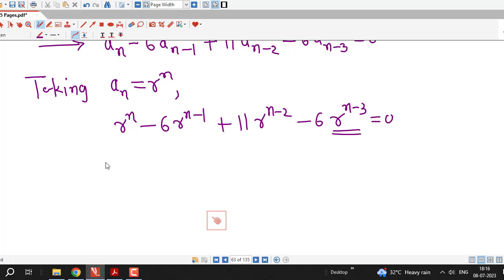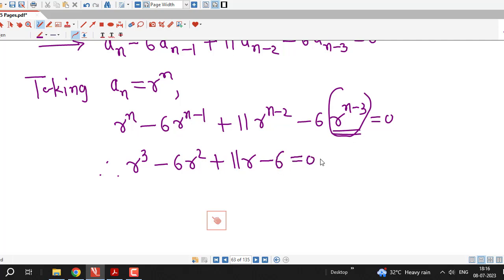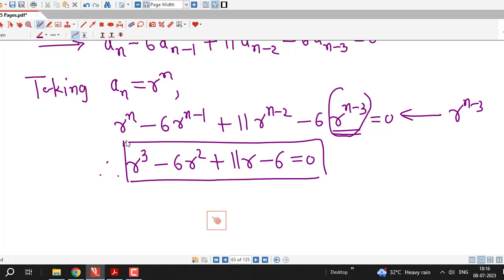So we divide this equation by r to the power n minus 3, and we will obtain r cube minus 6 times r square plus 11 times r minus 6 equal to 0. After dividing this equation by r raised to n minus 3, I obtain this characteristic equation of degree 3.